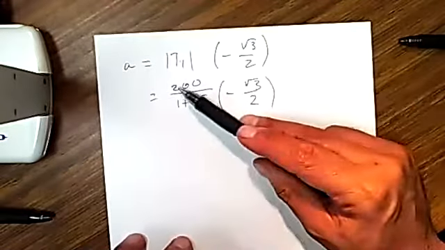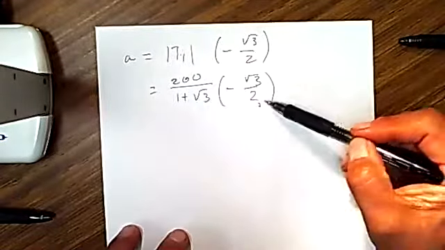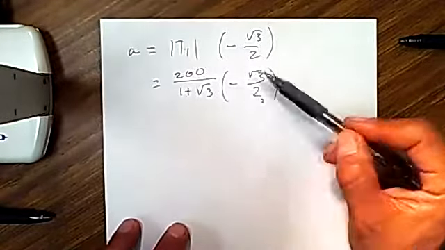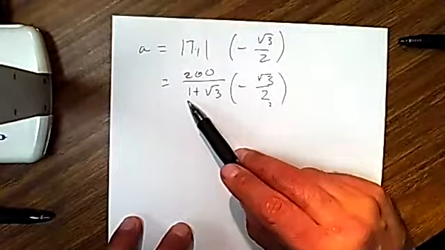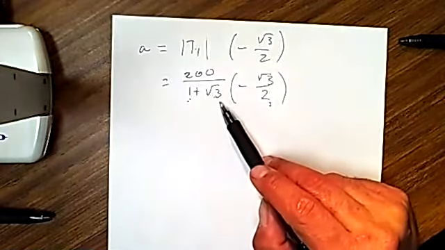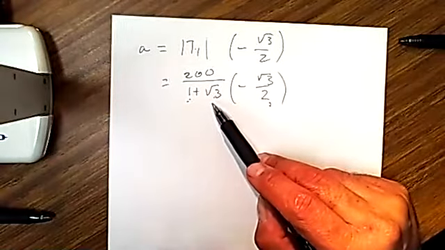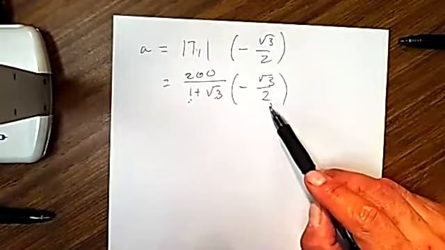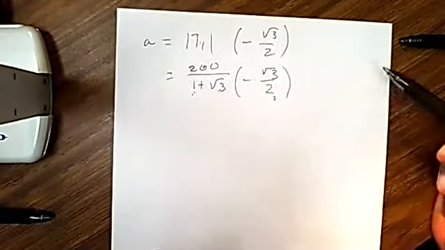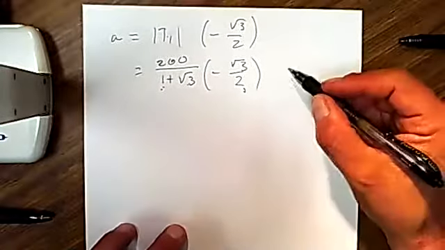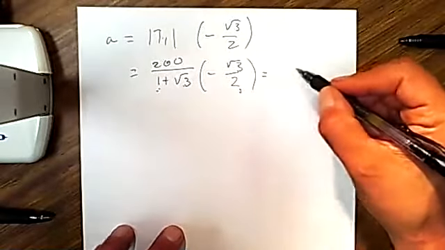So the 2's cancel, simplified. 200 divided by 2 is 100. The square root of 3 cancels. I'm just joking. Of course, the square root of 3's don't cancel because this is a term, and terms don't simplify across fractions. Factors do, but not terms. So here we have 2 times 100, and that simplifies with the 2, but not the square root of 3's. Of course, you knew that, but it doesn't hurt to overemphasize it.